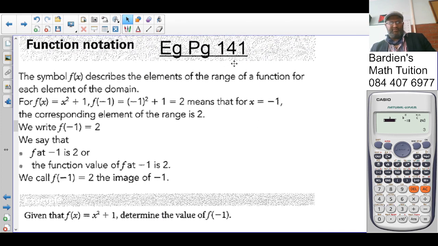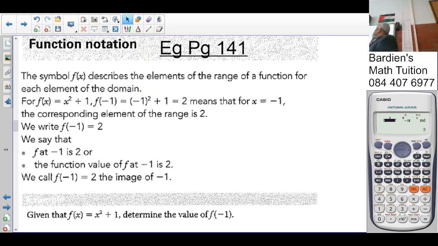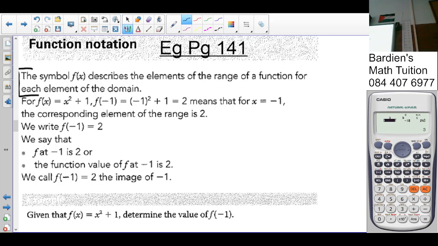Functional notation, page 141, we are told that the symbol f of x describes the elements of the range of the function for each element of the domain. You write that down. Okay? Just write that down for me and then do the explanation.